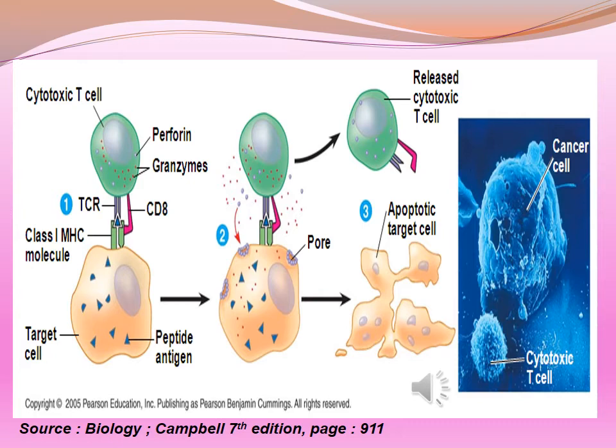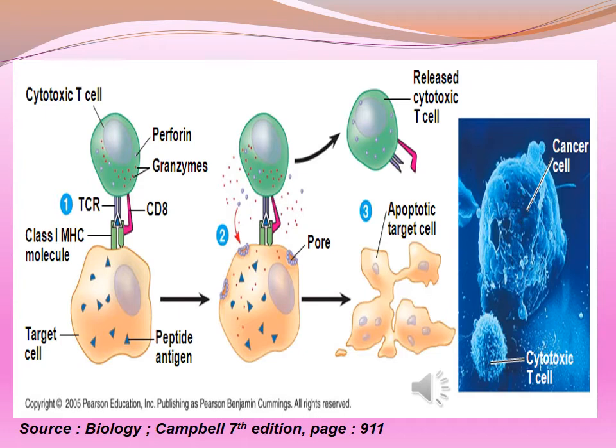Next, we're going to discuss the figure taken from Campbell biology textbook. This figure is on the killing action of cytotoxic T cells or TC cells on an infected host cell. Firstly, an activated cytotoxic T cell binds to a class I MHC antigen fragment complex on an infected cell via its antigen receptor and an accessory protein called CD8.